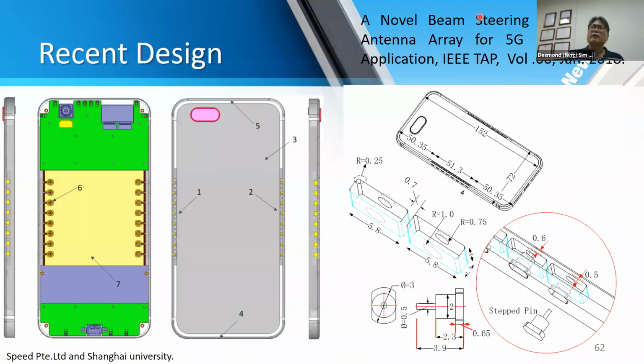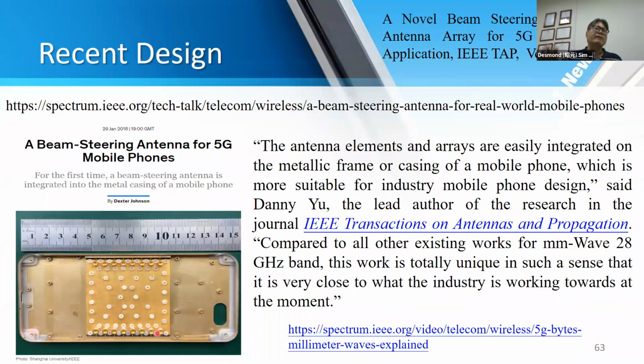It's in the top section in here, and this is one of the pictures that was taken by IEEE Spectrum back in January 2018, because we published this paper about 2 years ago in January, and then our first author, Dr. Yu, was interviewed by IEEE Spectrum. You can see that we are actually the very first paper that integrates the 5G millimeter wave into the metal casing of an actual mobile phone.